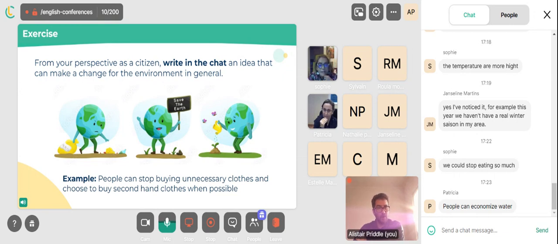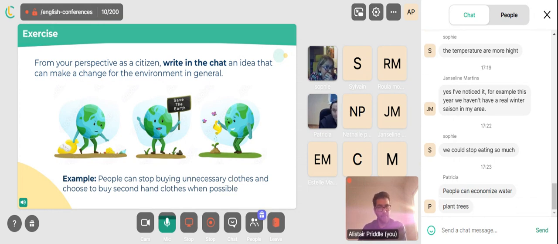People can economize water. Absolutely, we can be careful with how much water we use. I believe there are some areas in the south of France that there is an almost permanent water ban on how people use water in their gardens, for swimming pools and things like that.